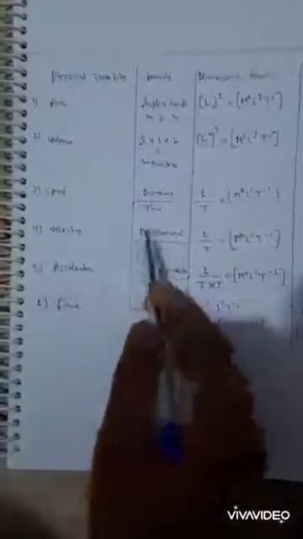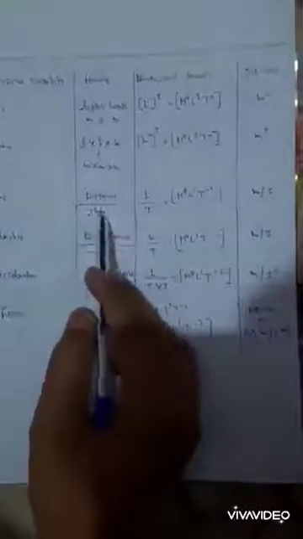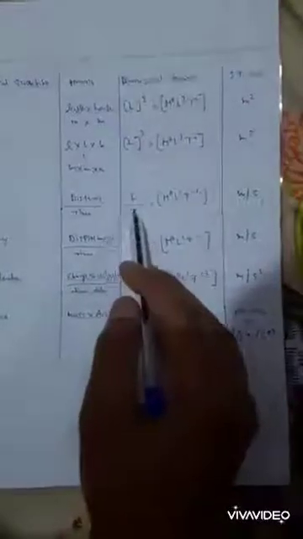Similarly, with speed, which is distance by time, we measure distance in meter, so I put L here, and for time T is common, so we use T. Here the complete dimension formula will be M0, L1 and T minus 1.